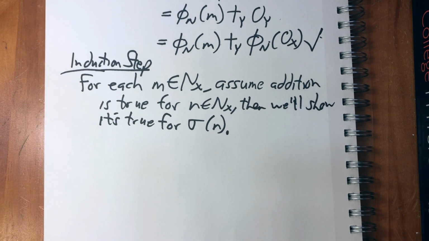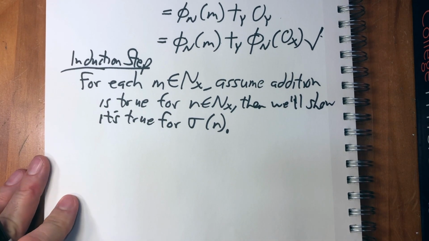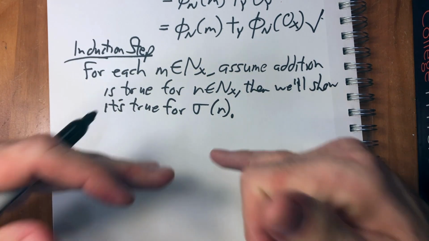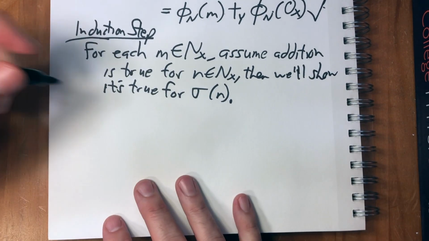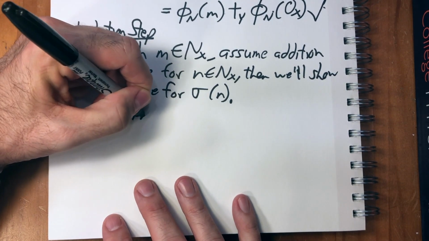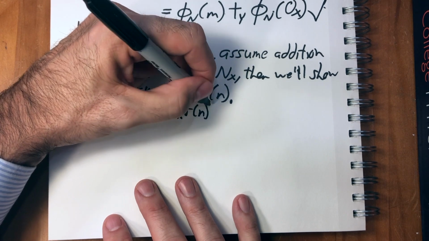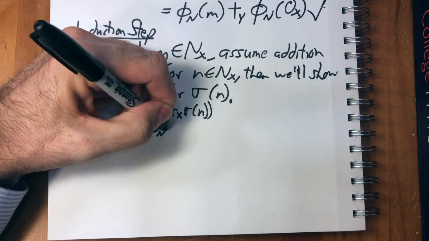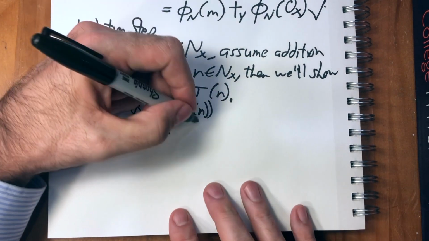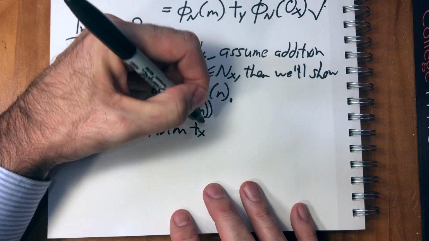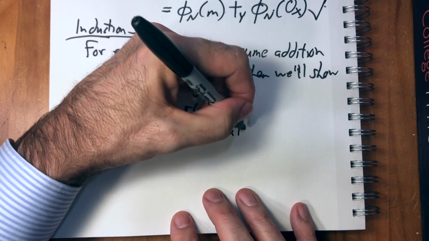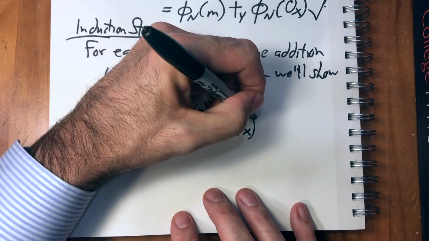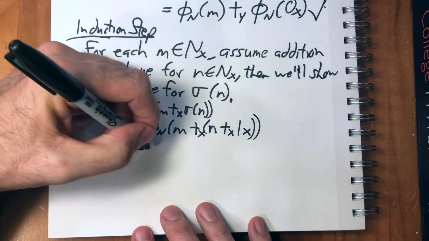In other words, this is n plus 1, right? So again, here's just a big block of applications of the various axioms. So we start with phi of m plus n plus 1. The definition of sigma gives phi of m plus sigma of n.